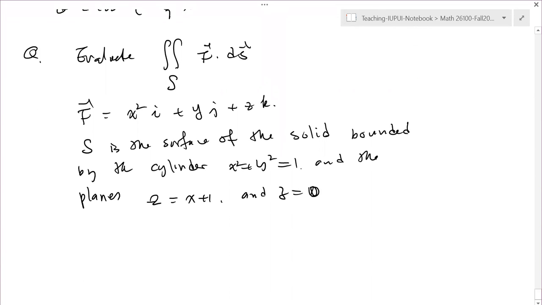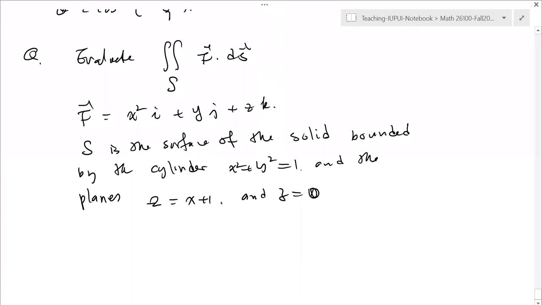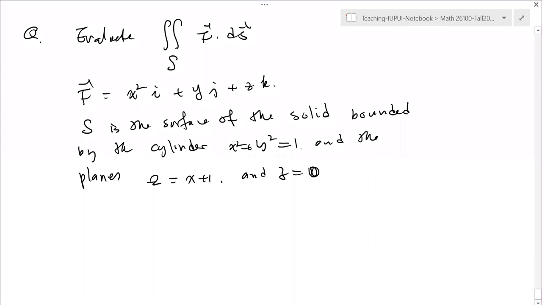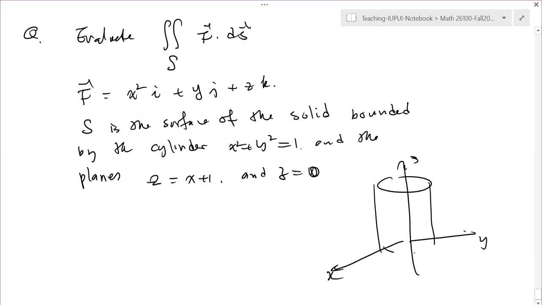First of all, you draw the graph. So this is a cylinder, with X, Y, Z axes here.